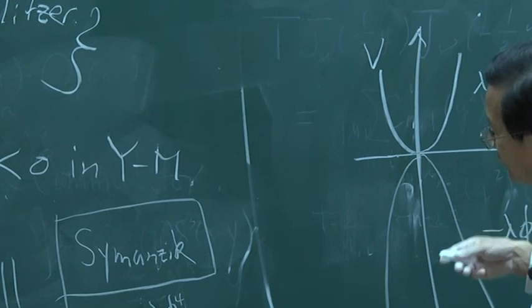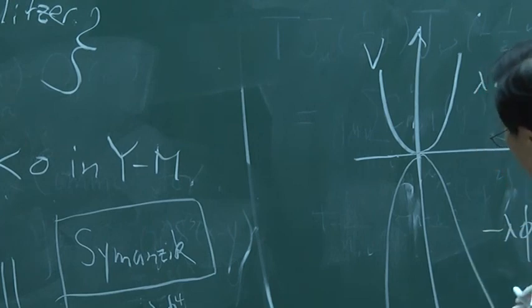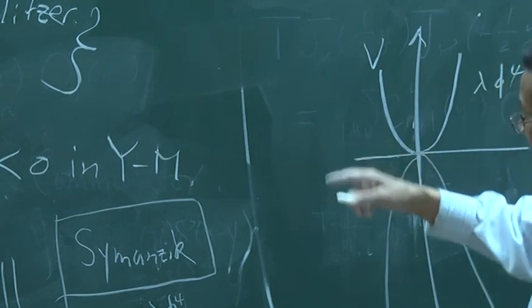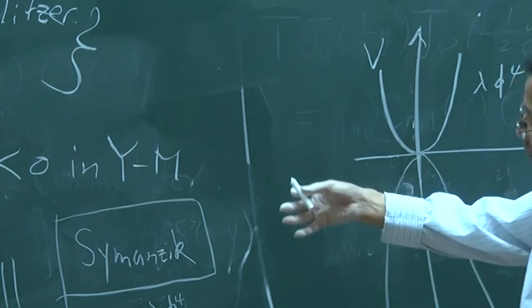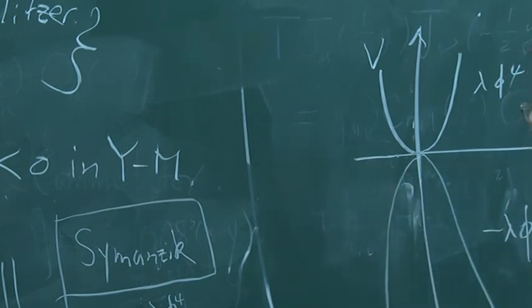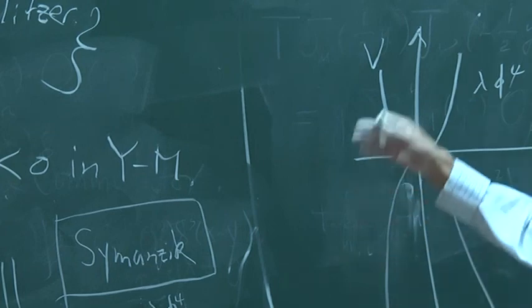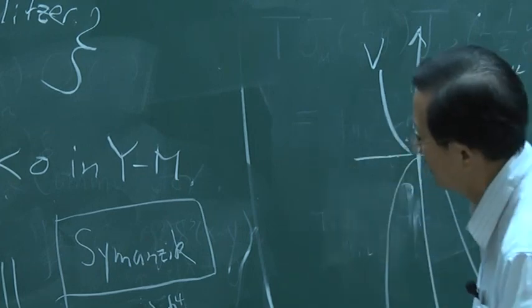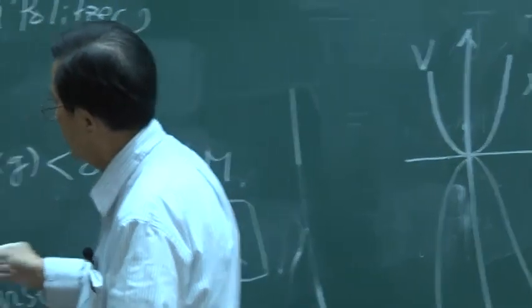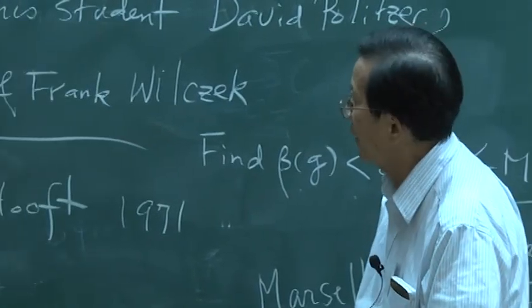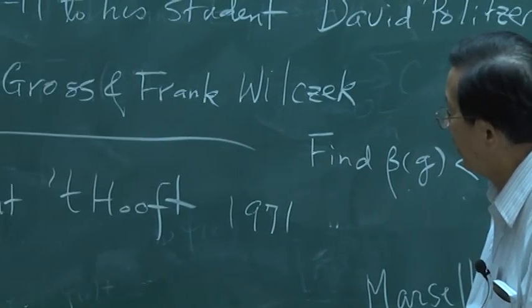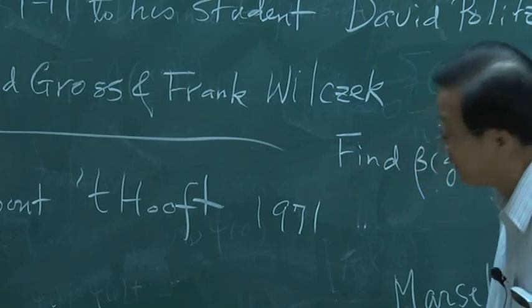But he was so desperate to find any field theory with this property. So he mentioned to 't Hooft what he was trying to do. 't Hooft said, oh, there is a theory with a negative beta near origin, and that's the Yang-Mills field. And Symanzik said, really? Why didn't you publish?